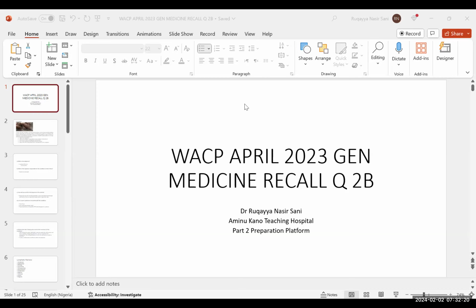When the DKA has resolved, these patients should be transitioned to subcutaneous insulin. What is usually preferred are the analogs, because they control glucose better and have less hypoglycemic effect compared to human insulin.